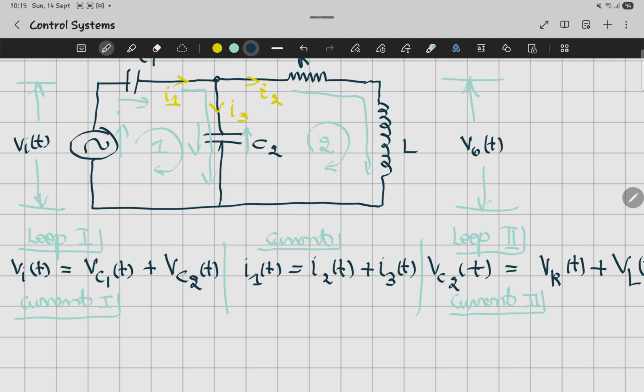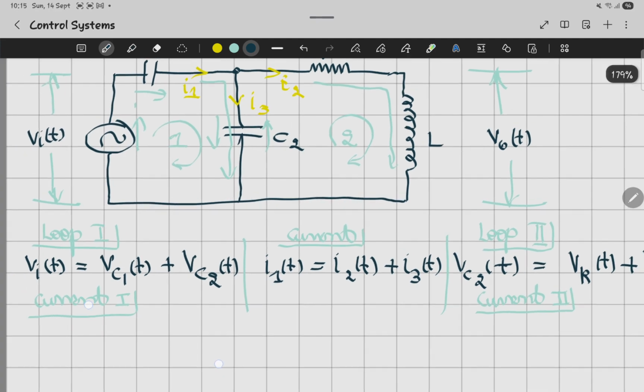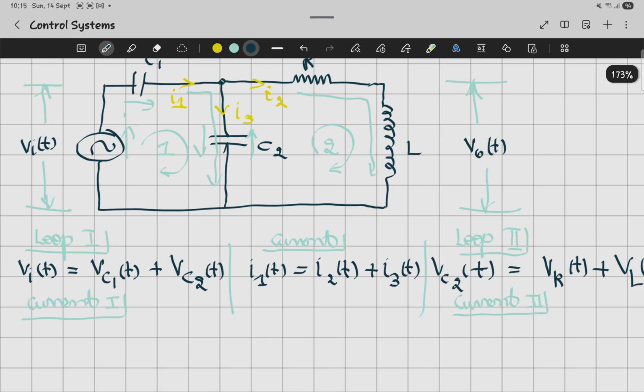Okay, on that note, now let's define the current inside loop 1 and also the current inside loop 2, so that we can know for sure what's happening.